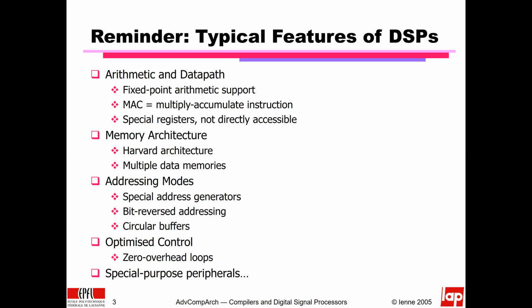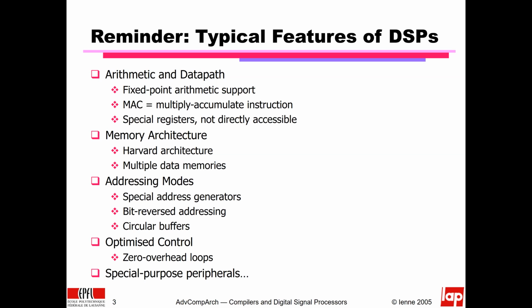We have seen these multiple memory ports with special units that we have called address generation units that are just there to supply and compute addresses for the memory accesses.